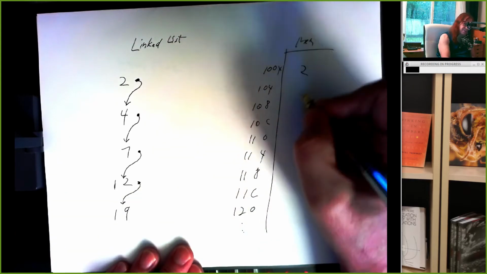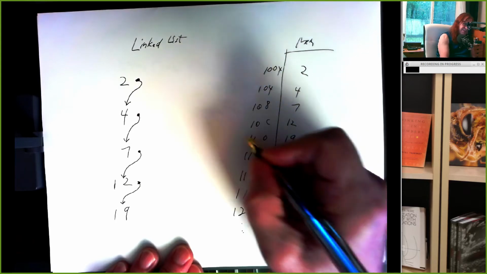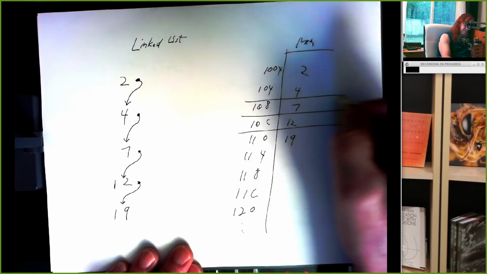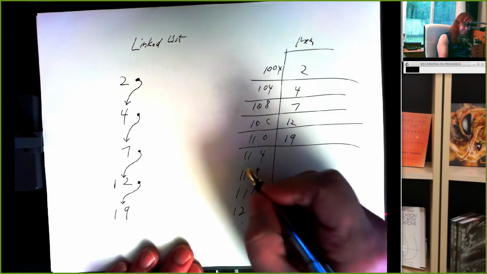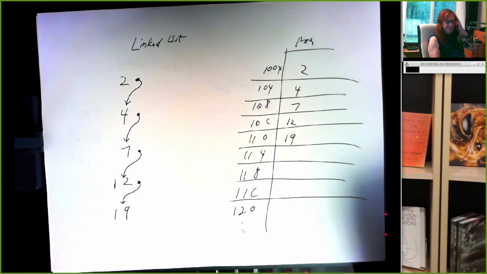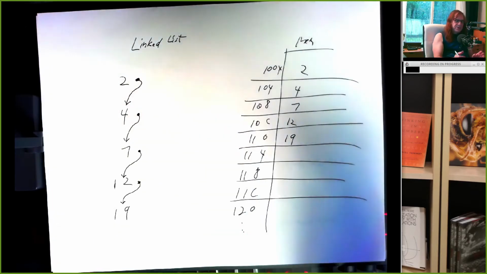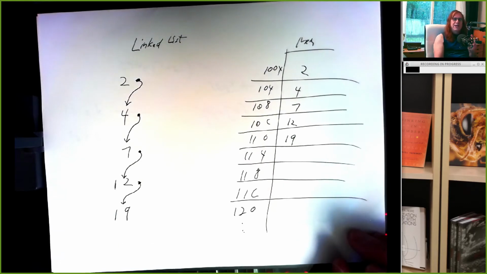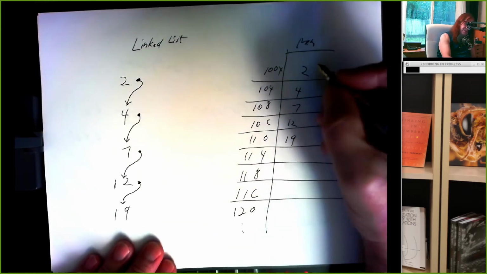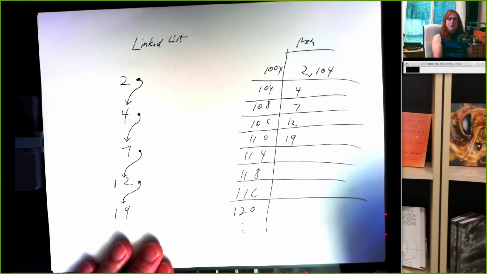So we'll start with a 2 and a 4 and a 7 and a 12 and a 19. And maybe my data happens to be stored in consecutive locations, but I'm not going to rely on that. What I'm going to do is, in addition to storing a 2, I'm going to store the location in memory where the next number is.